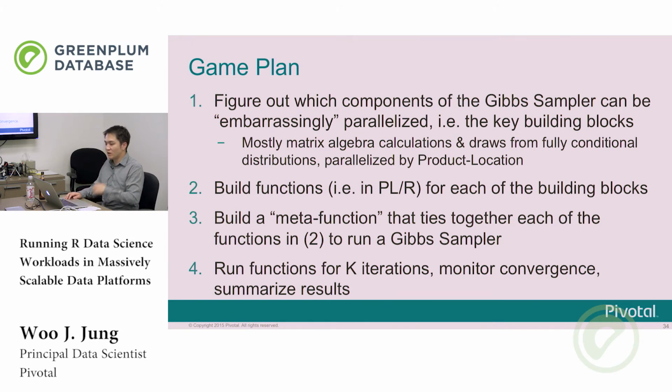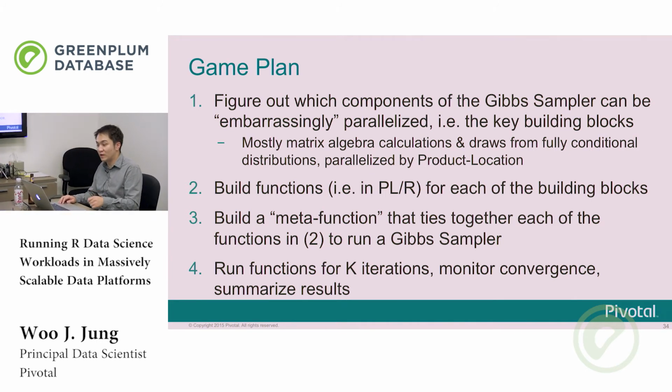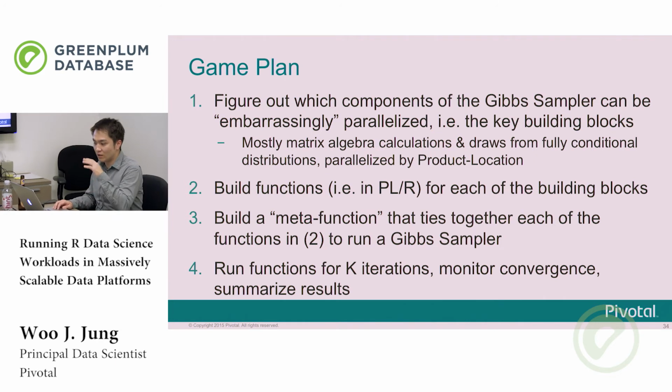And so what I've just described in this previous slide is a Gibbs sampling routine tailored for hierarchical Bayesian models. And there are bits and pieces of the Gibbs sampler that can be embarrassingly or data parallelized. And this is precisely the parts of the Gibbs sampling routine that we make use of and abuse in certain ways inside of our PLR function for scalable Bayesian hierarchical model estimation, right?